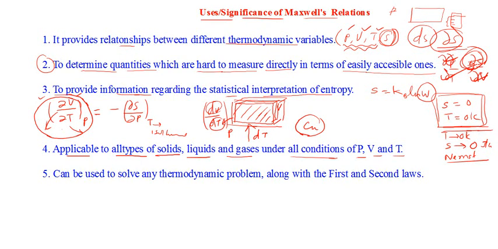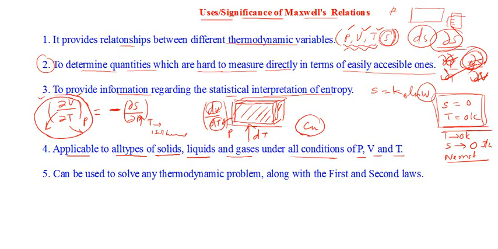An isothermal increase of pressure will result in a decrease of entropy. That is why there is a minus here. You increase the pressure, entropy will decrease. So an isothermal increase of pressure of a substance having positive expansivity will result in a reduction in the entropy. Reduction in the entropy means, entropy we have been regarding as a measure of the randomness or the disorder.